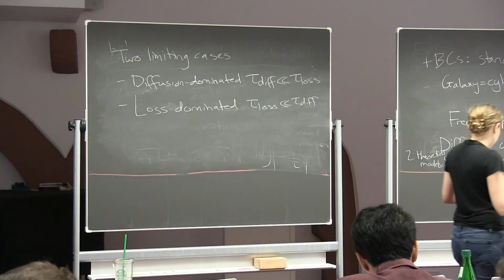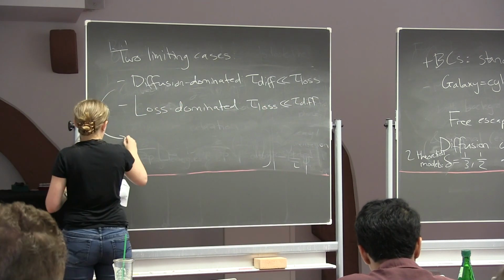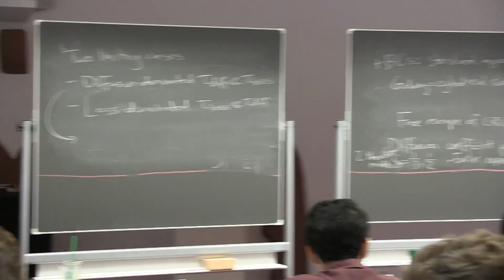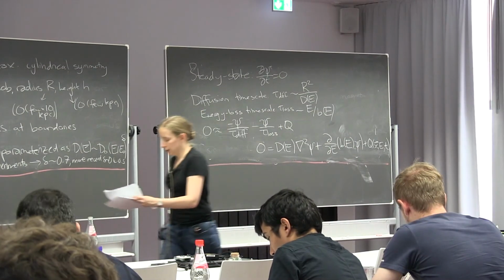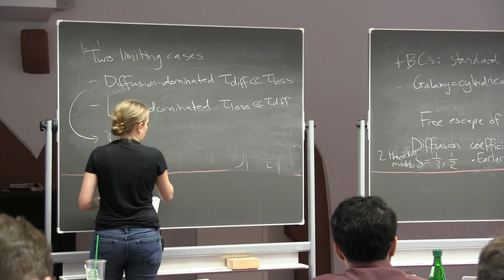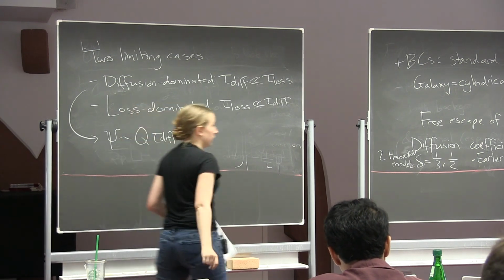So in this diffusion dominated regime, we'll drop this 1 over tau loss term, and our solution is just going to be phi goes like Q tau diff.